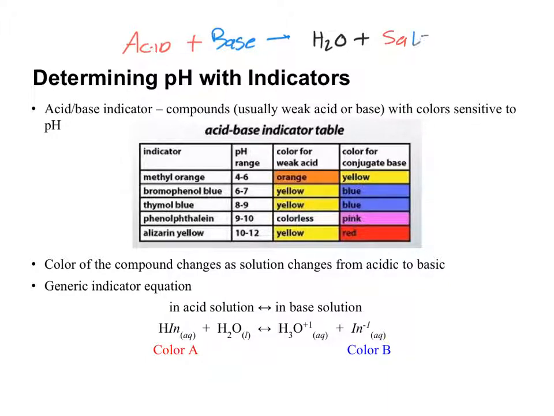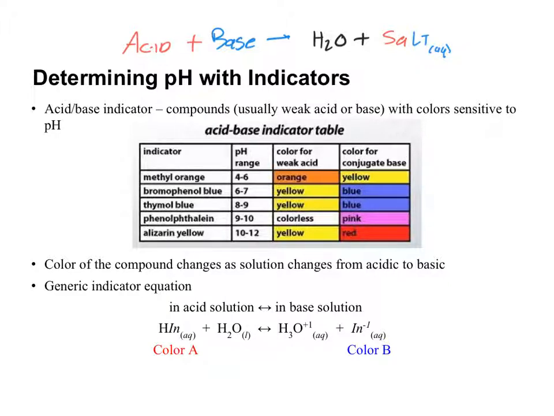And so what ends up happening is that because water is clear, it's hard for us to know when water is formed. And because the salt is going to be aqueous, it's also hard for us to know when we've gotten to exact neutralization. So one of the ways that we figure it out is we use what's called an acid-base indicator.